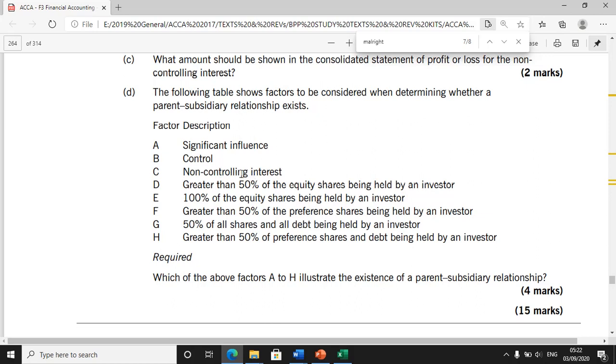We'll leave this one for now, because if we've got non-controlling interest we don't have control. Okay, then greater than 50% we'll get, 100% we'll get, then greater than 50% preference shares we don't get, 50% of all shares we can get this one, assuming that ordinary shares are also part of those shares. So the rest we reject.